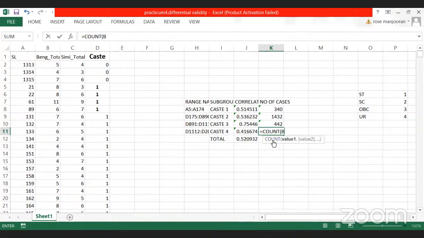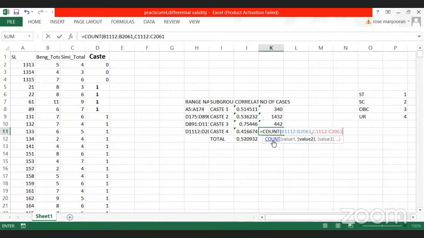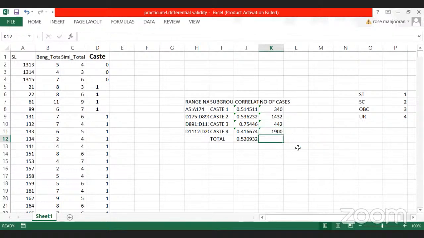Here the range will be B1112 to B2061. Then the comma, C1112 till C2061. You enter. Then you will get the number.